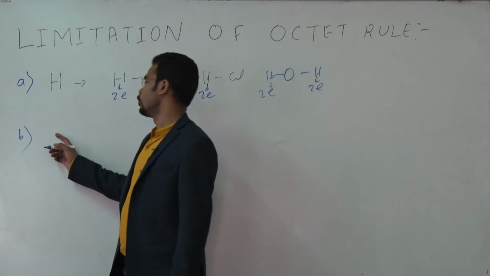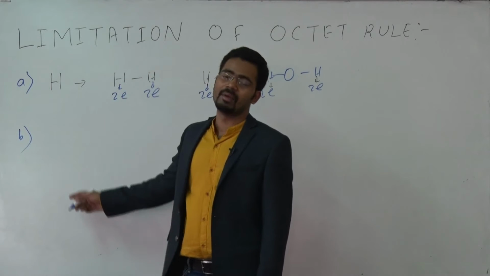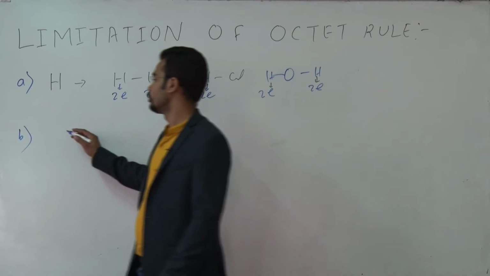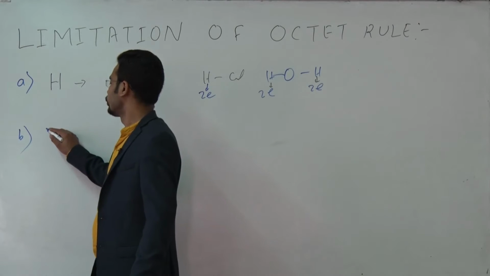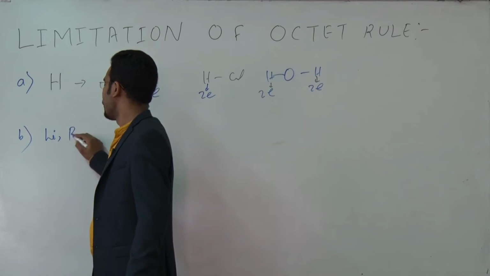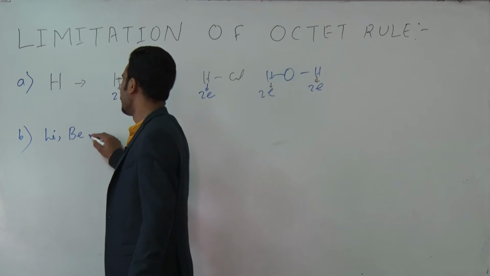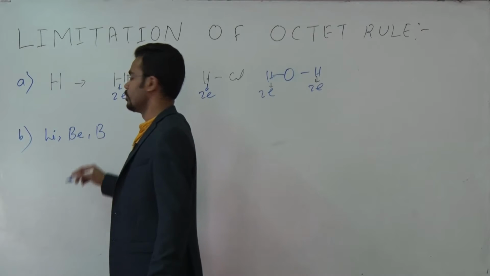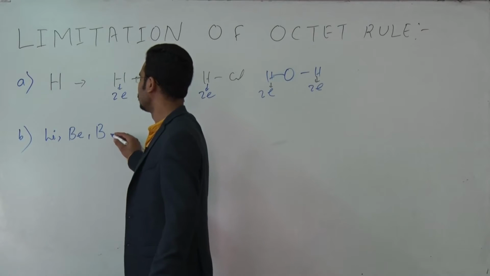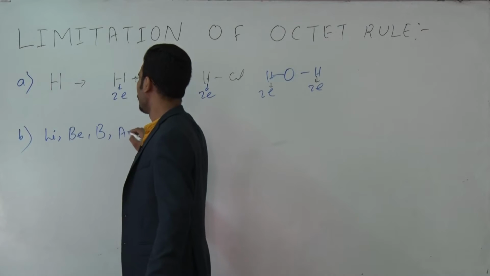So the octet rule is not obeyed by elements having valence electrons less than 4. For example, lithium, beryllium, boron, and another example, aluminium.